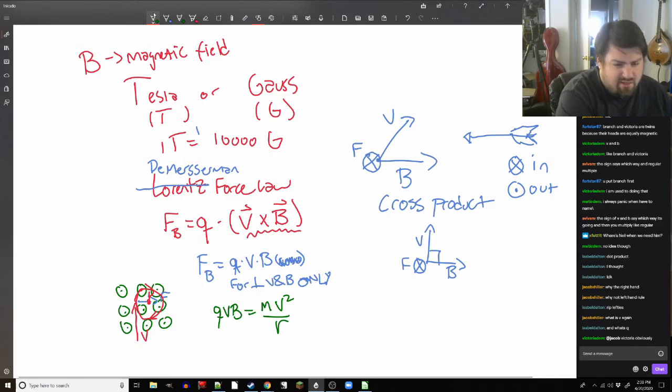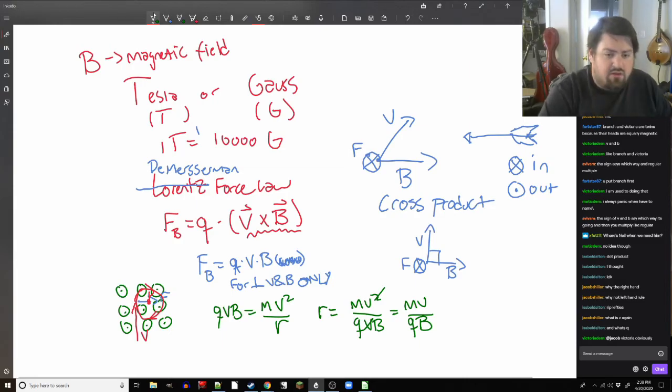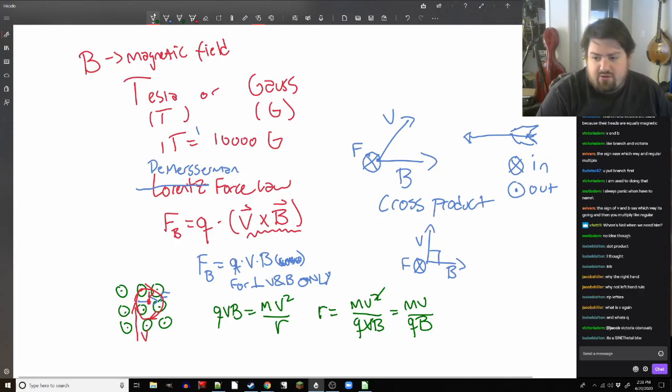The velocity I think is given, the B I'm pretty sure is given. So solving for r, mv squared over qvB, so the v's are going to cancel, and you're going to get mv over qB. So that's how you'd find the radius of the circle that the path of the electron makes.